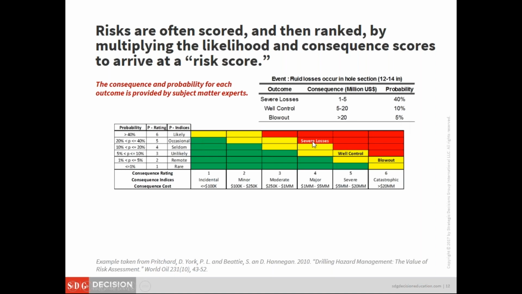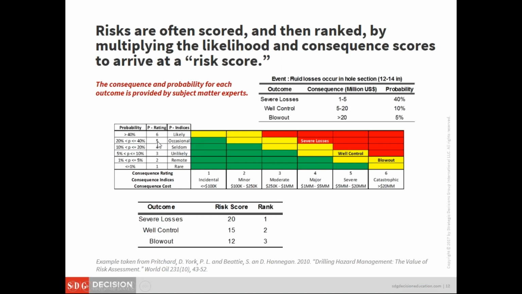Those are then placed here in the risk matrix. So we had severe losses, 40% probability would be here, and the loss, if it occurs, 1 to 5 million. That's where we put it. And so that has a score of 4 on the consequence and a score of 5 on the probability. And those are often multiplied to yield 20 to come up with a risk score.